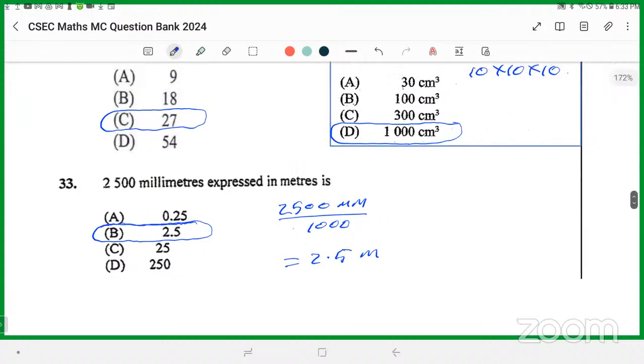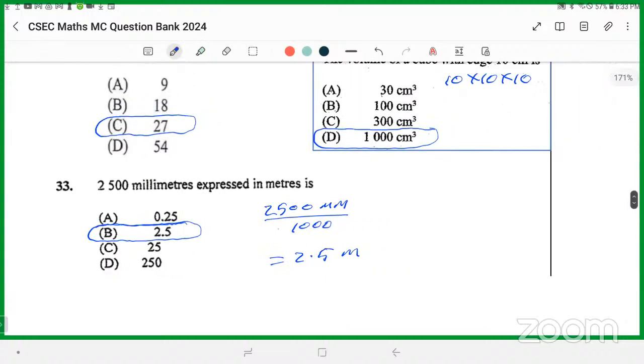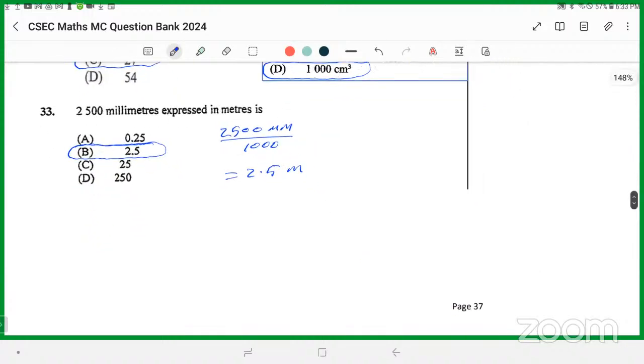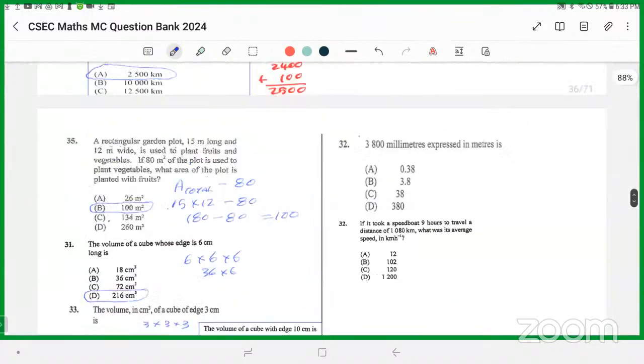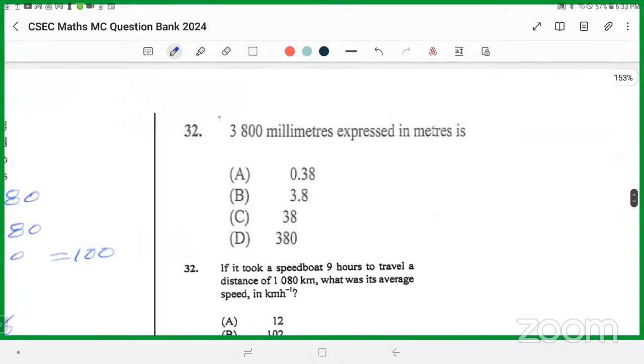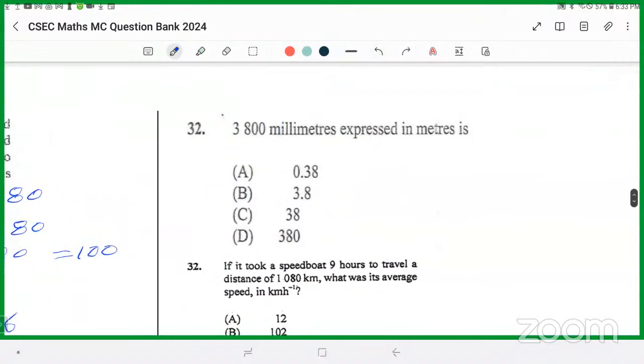Over here, same thing. 3,800 millimeters in meters, again, divide by 1,000. 3,800 over 1,000 becomes 3.8 meters right here.